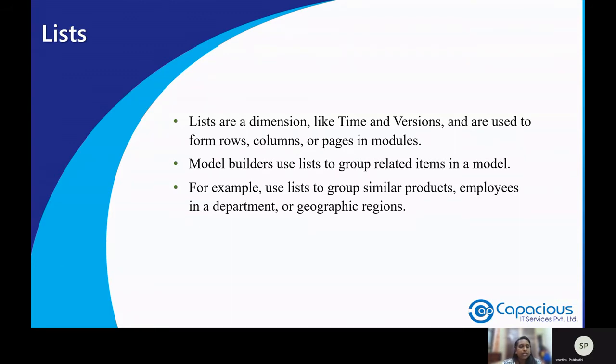These are the ways they are represented in the list. For example, if I take geographic region, we can place region, country, location.